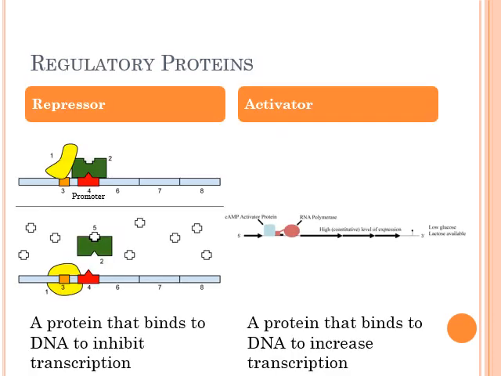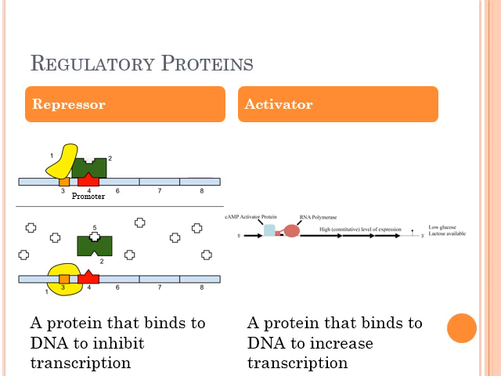You have what are known as repressors and activators. A repressor represses transcription. A repressor prevents the polymerase from binding. This table is my coding sequence. I'm sorry, this table is my promoter. I need to get the polymerase to bind to it.